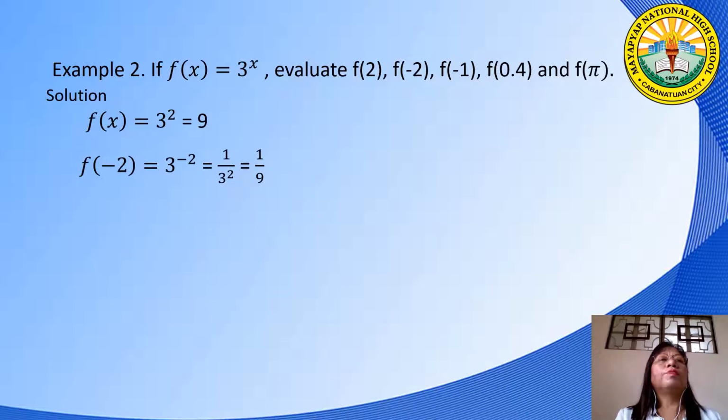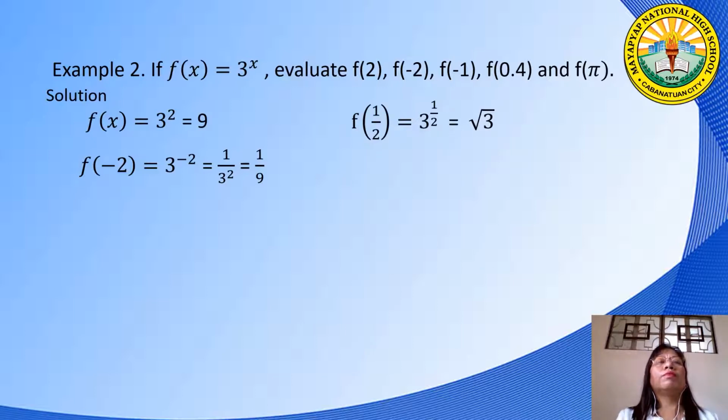For f of negative 2, you replace x with negative 2, so it equals 3 raised to negative 2. Then applying the law of exponents, you make your negative exponent positive, so that is equal to 1 over 3 to the second power, or 1 over 9.